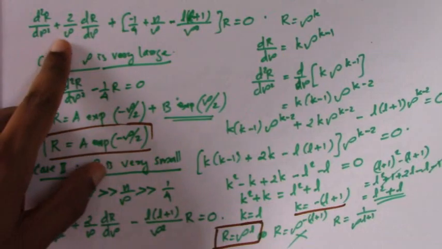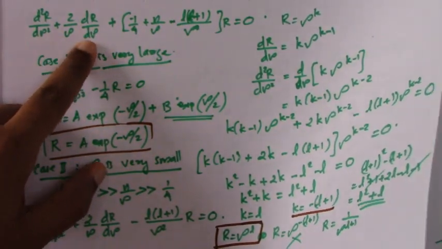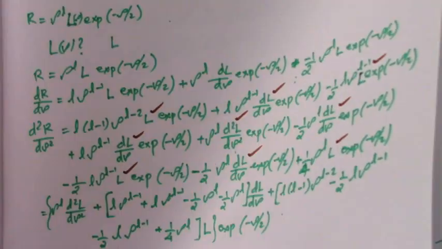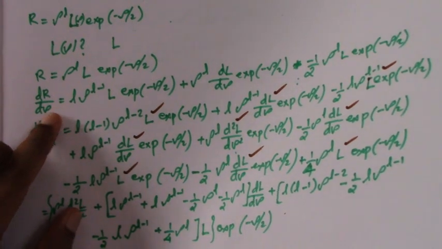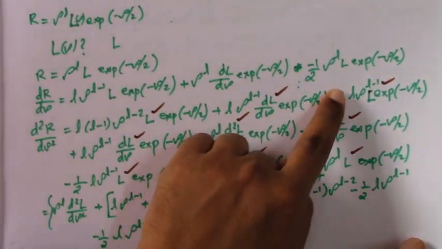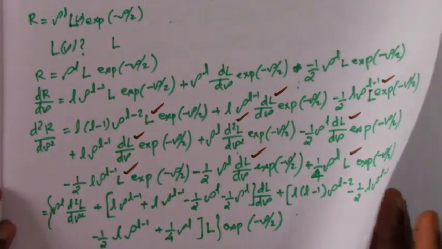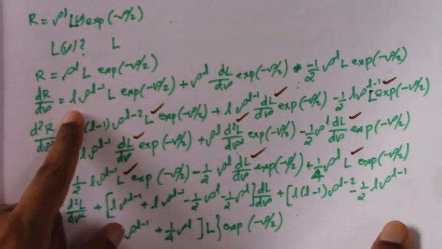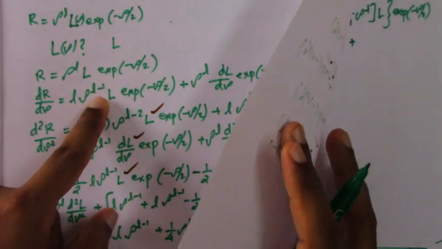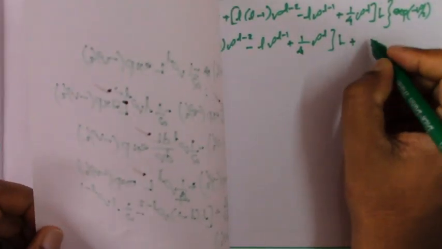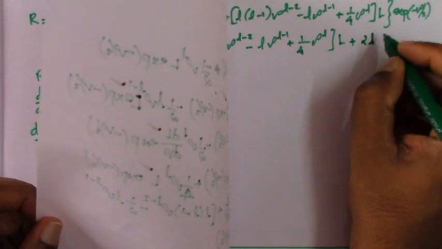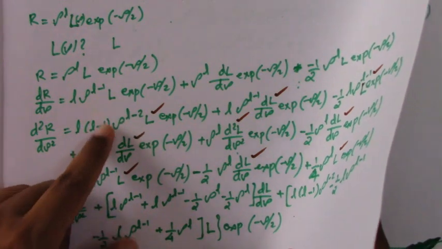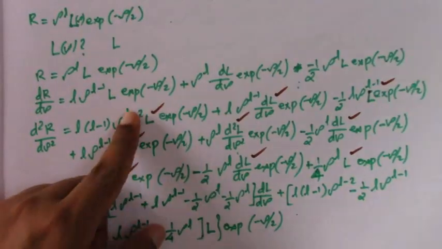Next I will move on to 2 by rho into dR by d rho. So what is dR by d rho? dR by d rho is this one. We have to multiply all three terms in dR by d rho with 2 by rho. When I multiply with 2 by rho, I will get plus 2L rho raised to L minus 2 L, because this is multiplied by rho raised to L, exponential minus rho by 2.